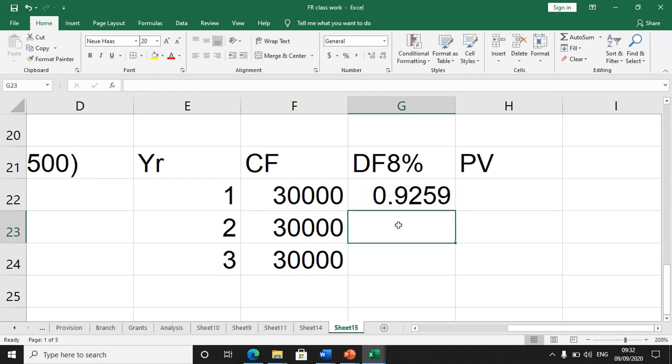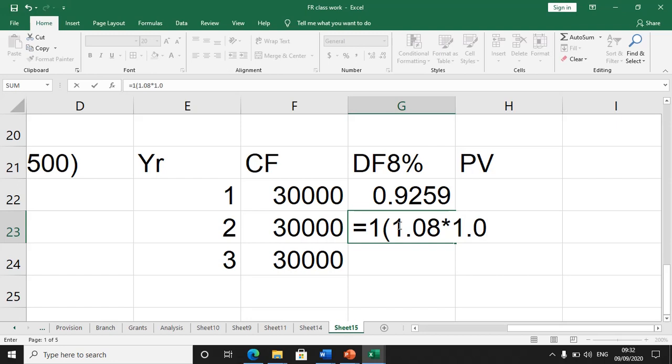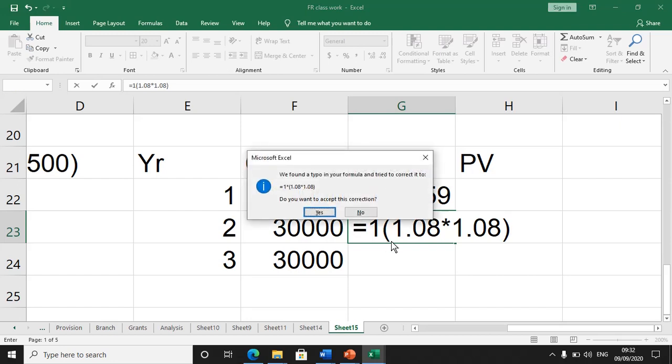Okay, again there, equal sign, 1 divided by 1.08. Again, I multiply that by 1.08. I think that's the only way I can survive, I hope. So it's saying there's a problem there. It's supposed to be, okay, let me just close this.